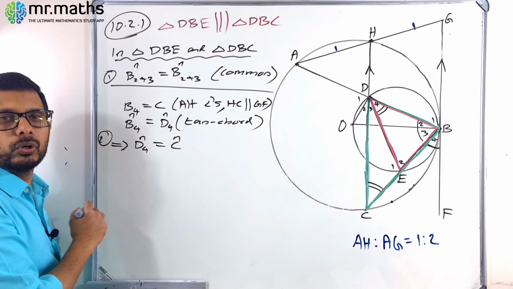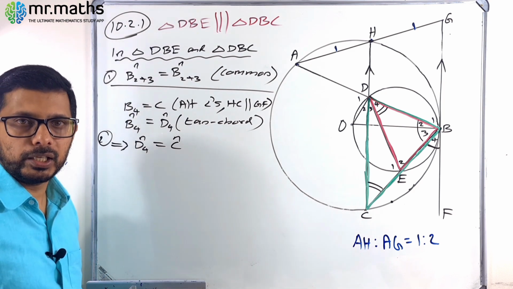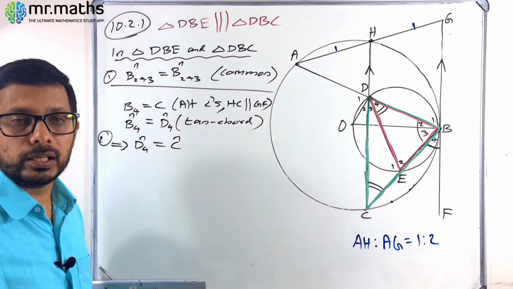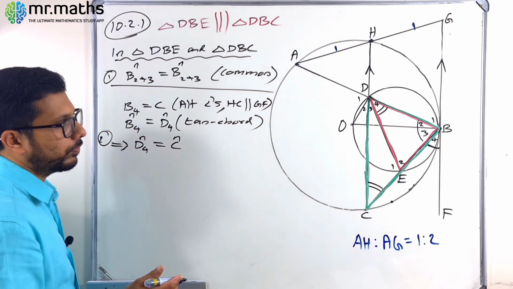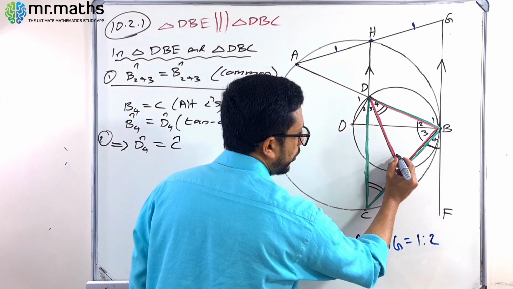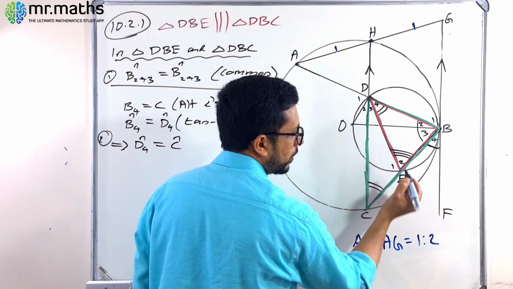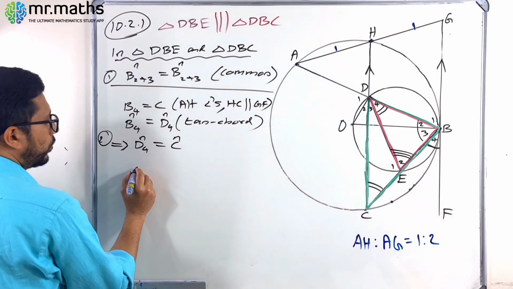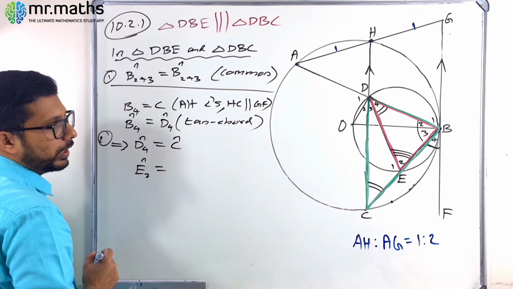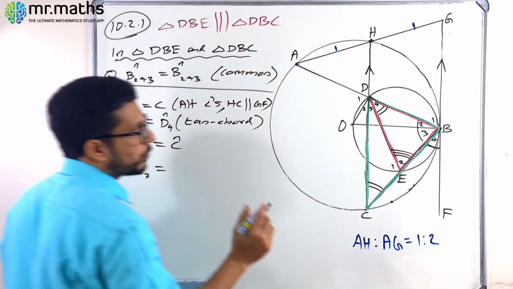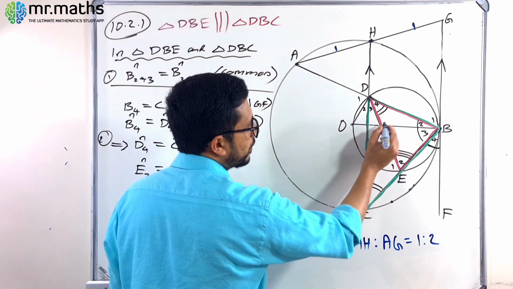Am I right? So of course the third one is equal: the third pair of angles. What is the reason? Sum of the angles in a triangle. So what is the third one? Here in the small triangle, the third one is angle E2. Then in the big triangle, which one is the third one?